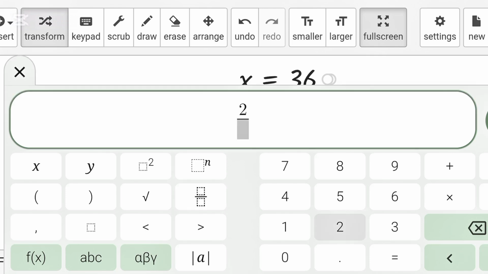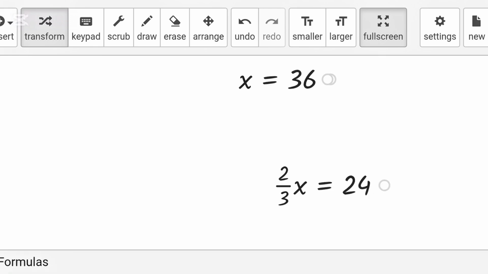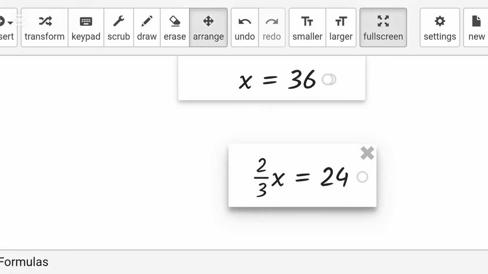This is our check statement. So we are creating a check statement to see if our answer is correct. Another thing I encourage kids to do, whenever you're done solving, do not be in a hurry to go to the next question. If you have a little bit of time, you can go ahead and check.